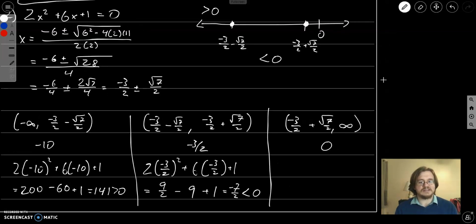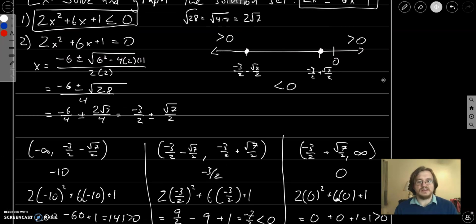And then our last region, 0, if I plug this in, 2 times 0 squared plus 6 times 0 plus 1, well, anything times 0 is 0, anything times 0 is 0, and if I add 1 to it, well, that's just going to be 1, which is greater than 0.